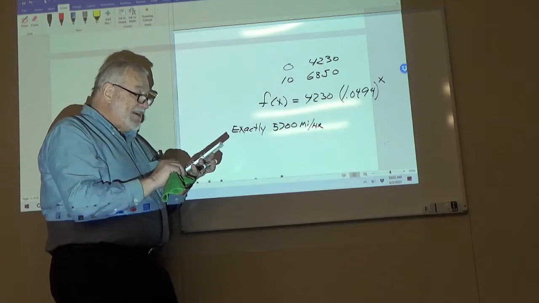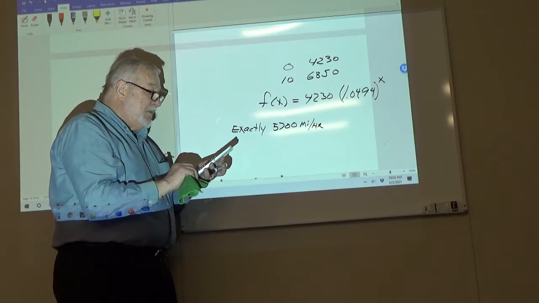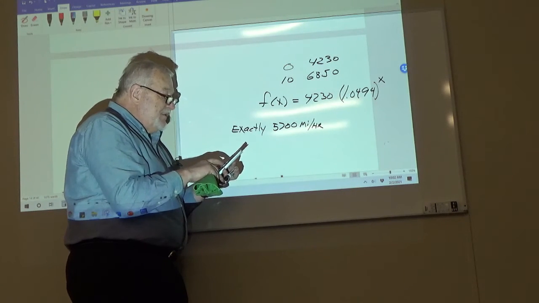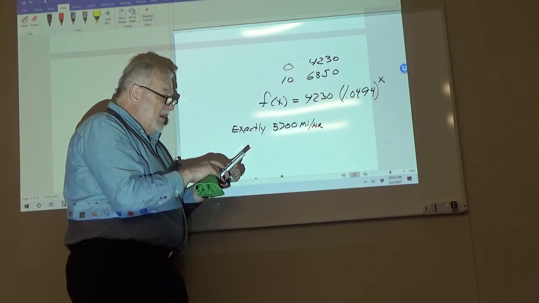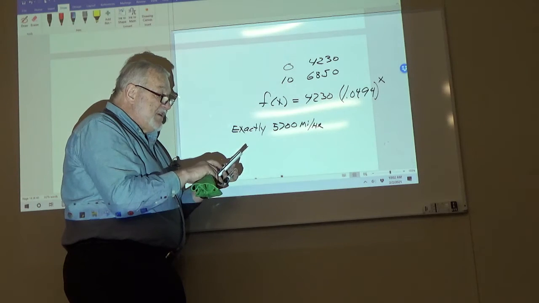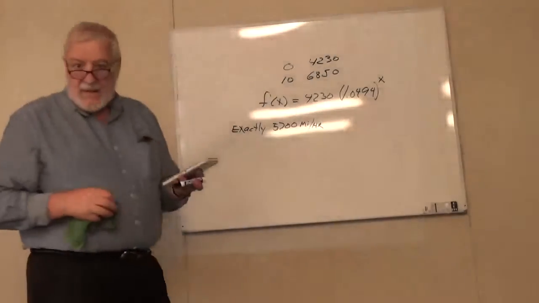All right, so when you press that and go to second table, you'll notice that the 5700 is somewhere near 6.1 or 6.2. Because 6.1 is 5676, 6.2 is 5703.